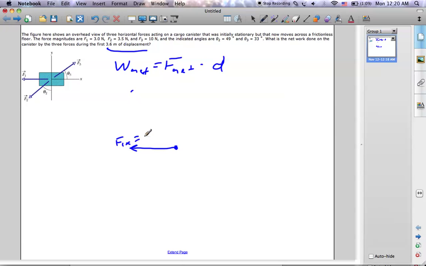So it would be -3 newtons. We say negative because it's in the x direction only. So there's no y force in that first force.